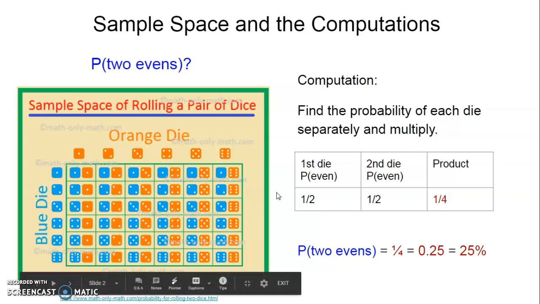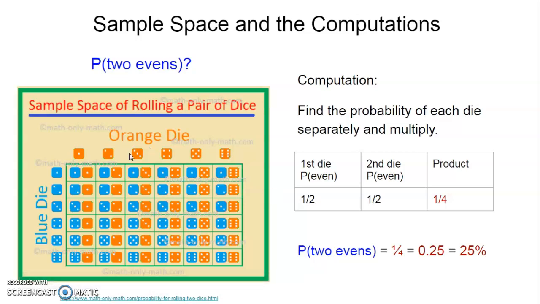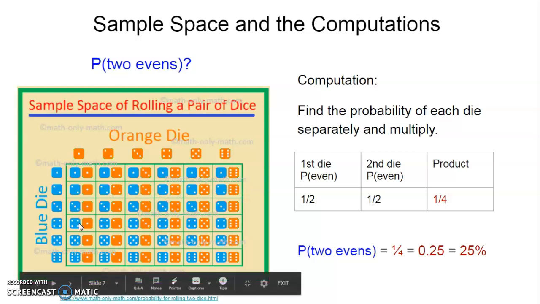All right, so if you're looking at just the diagram here, if you look at each row of evens, I'm starting with the 2, I've got 2, 2, okay, but then I'd have to skip over to 2, 4, and then over to 2, 6. So I've got 3 on this row. All right, if I come down here to the 4s, I've got 3 on the row of 4s.